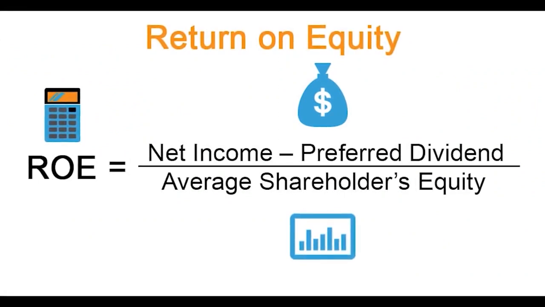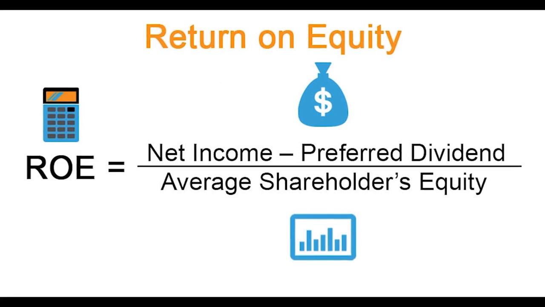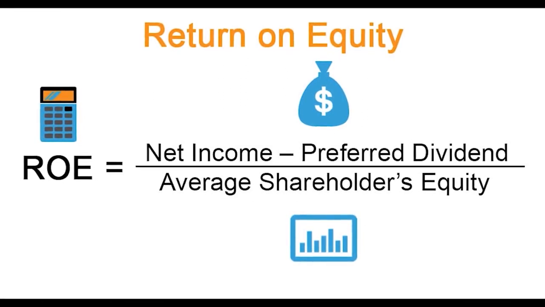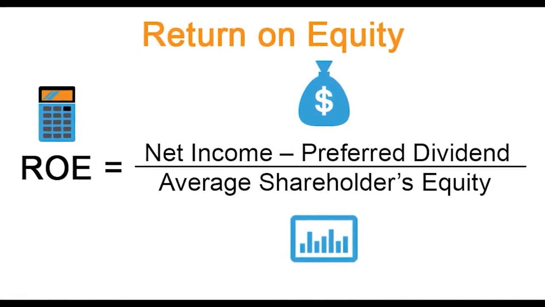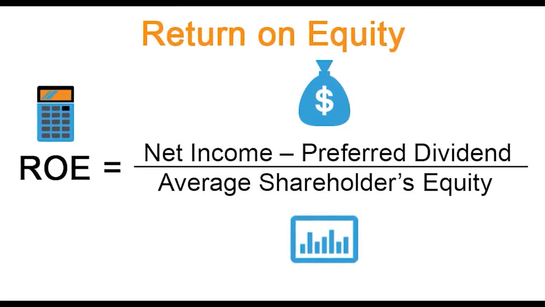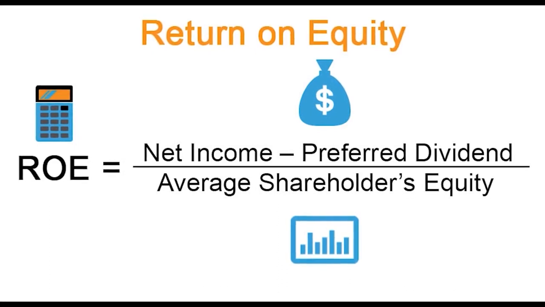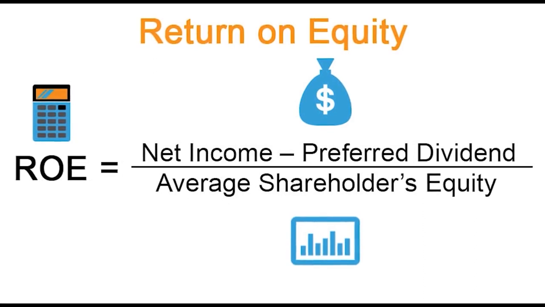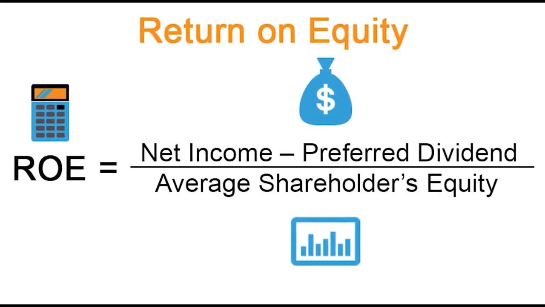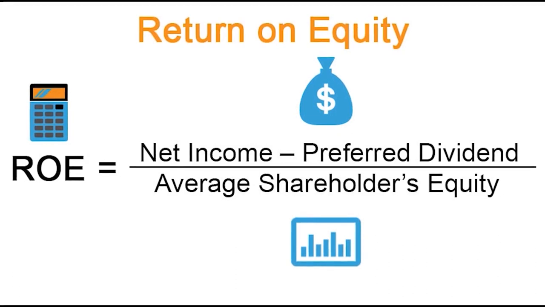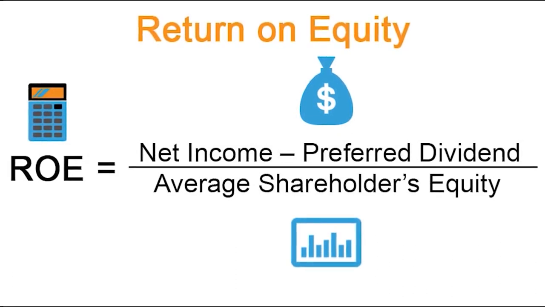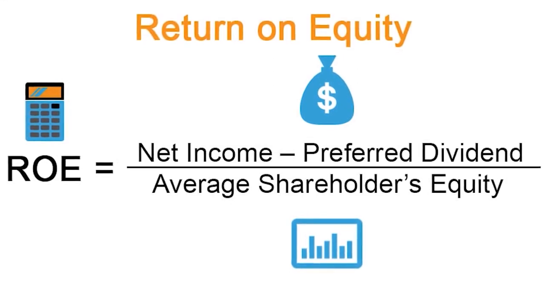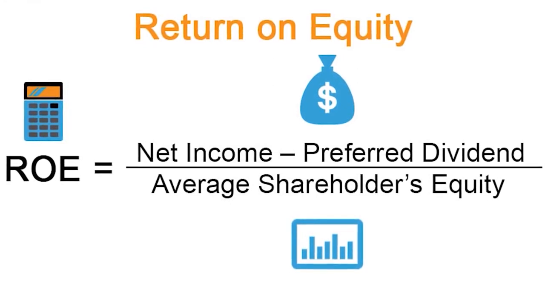Return on equity is a measure of financial performance calculated by dividing net income by shareholders' equity, and is considered a measure of a corporation's profitability in relation to stockholders' equity. As a shortcut, return on equity is calculated by dividing net income by average shareholders' equity.